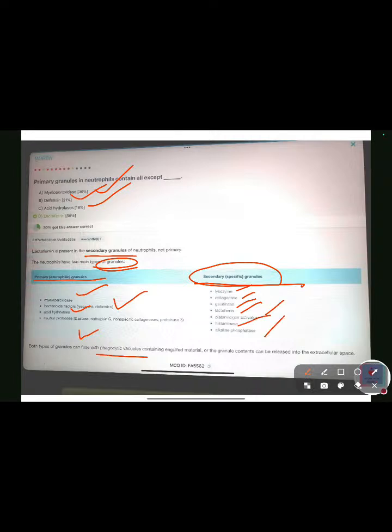Granules can fuse with phagocytic vacuoles containing engulfed material, or the granule contents can be released into the extracellular space. Alpha 1 antitrypsin is the major inhibitor of the enzyme, and it is very important in smokers.